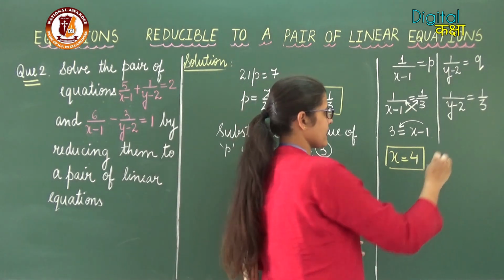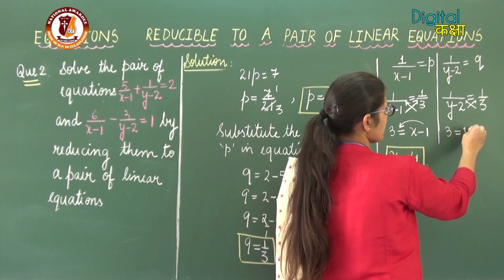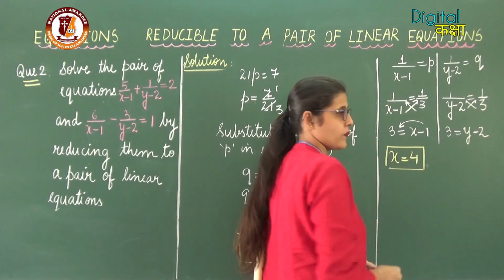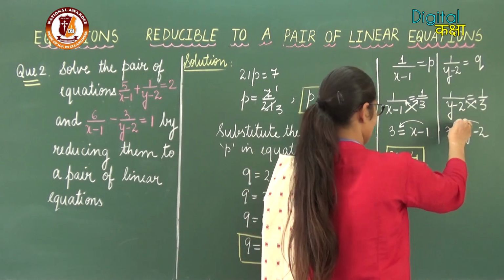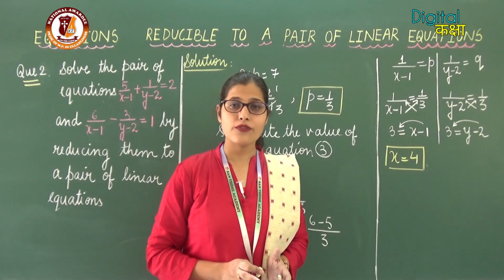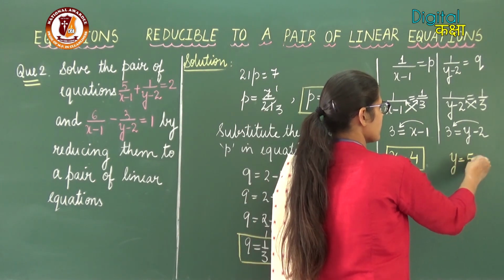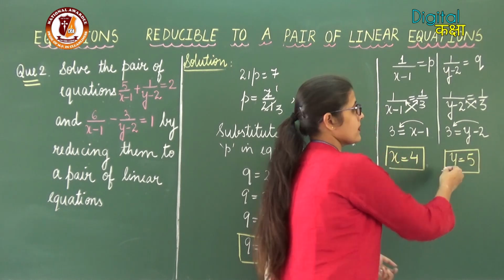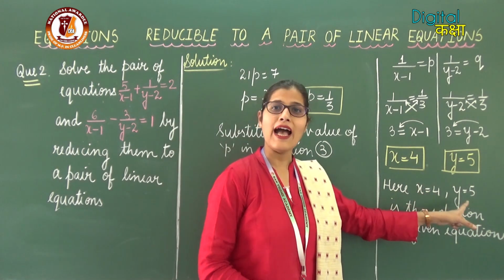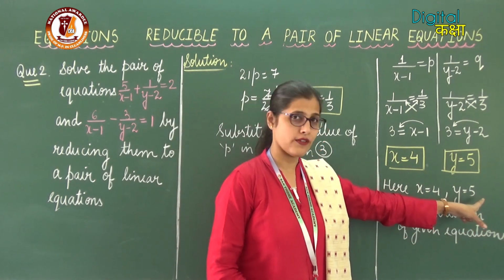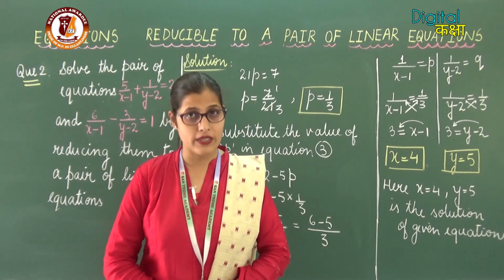Again, cross multiply it. So, 3 equals to y minus 2. We will shift minus 2 on the left hand side. Therefore, the value of y equals to 5. So, here x equals to 4 and y equals to 5 is the solution of given pair of equations.